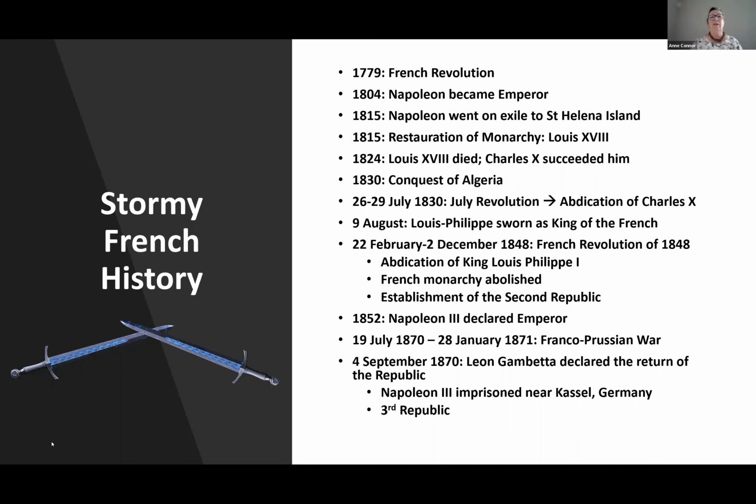We have, of course, in 1789, the French Revolution. In 1804, Napoleon, who was first consul, made himself emperor. And in 1814, he already had to step down and was sent into exile to the island of Elba, but then came back, and then there were the 100 days of Napoleon back in France, where he was rather welcome, by the way.